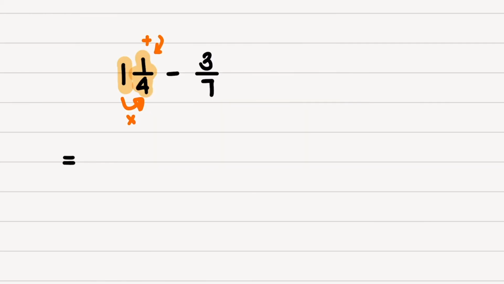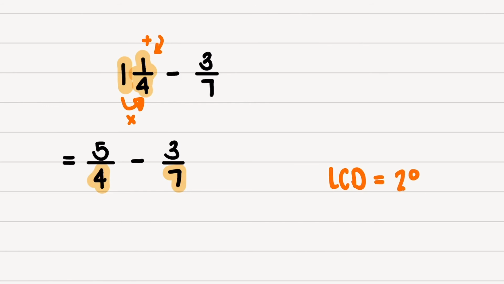I'm going to have 1 times 4 is 4, plus 1 is 5, over the denominator of 4, minus 3 over 7. Now I'm going to look at the denominator of 4, the denominator of 7, and I need a lowest common denominator between those two numbers. So my lowest common denominator between 4 and 7 would be 28.